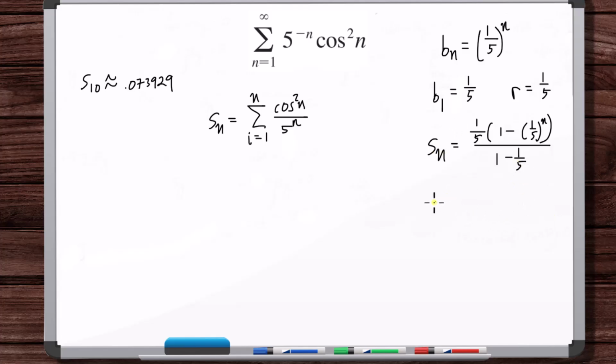And then the infinite sum, okay, wait, let's put a T up here, because I don't want to confuse this with the main S's in the main variables. All right. The infinite sum of a convergent geometric series is the first term over 1 minus the common ratio.